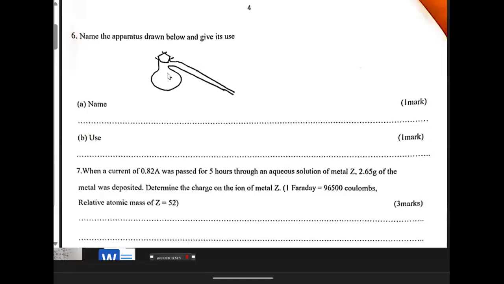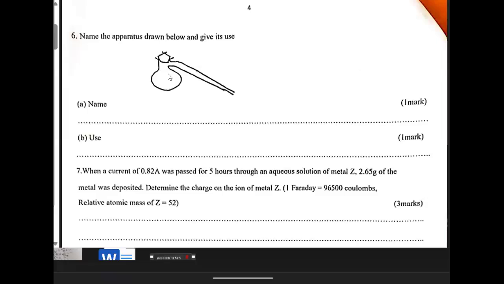The hard glass is to withstand the corrosiveness of the nitric 5 acid that is being formed there, and also the concentrated sulfuric 6 acid that is used in making it. It is a hard special glass that resists corrosion.